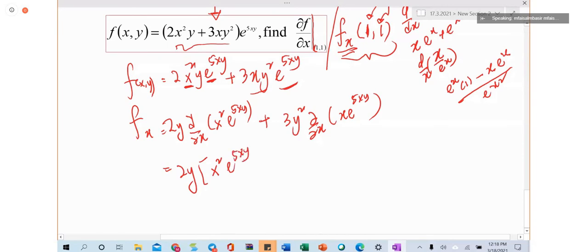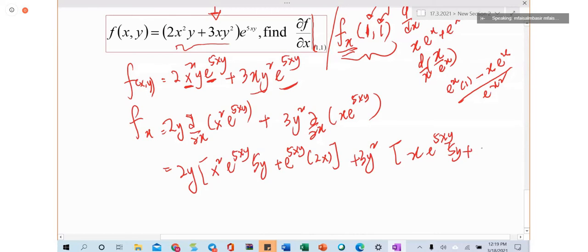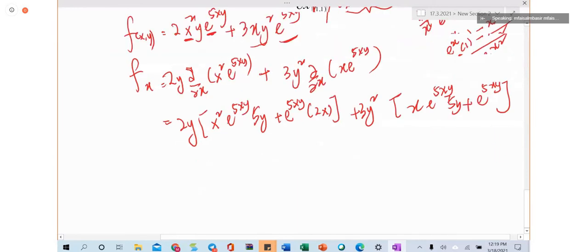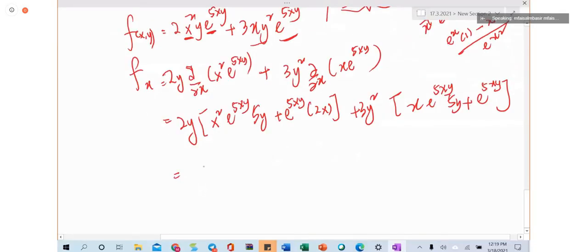When you differentiate the exponential, just copy the exponential and then differentiate the power with respect to x. This is 5y, plus copy left, which will be 2x. This also is the same. The power with respect to x will be 5y, plus whatever is at the right, and the derivative of the left will be 1. Then you can simplify this.